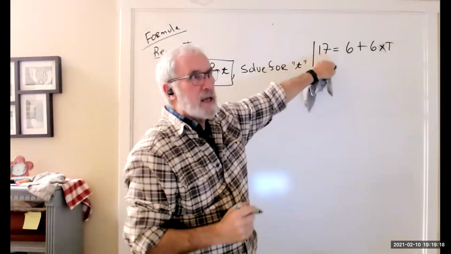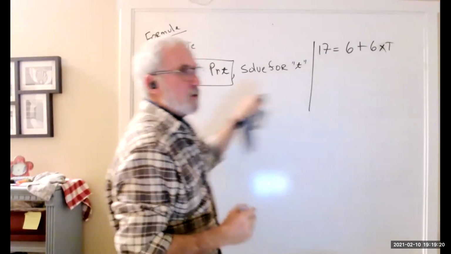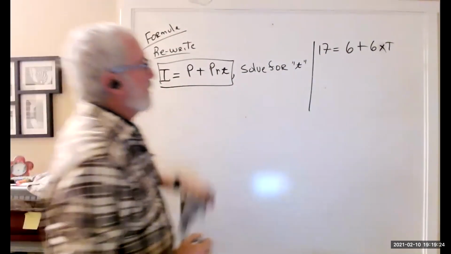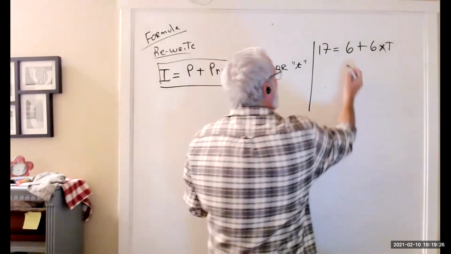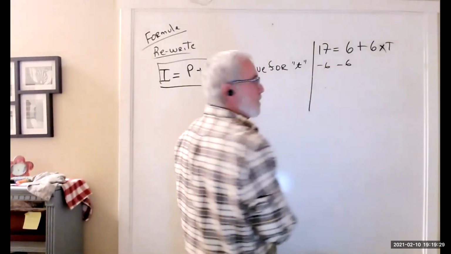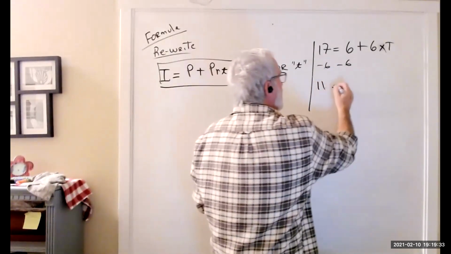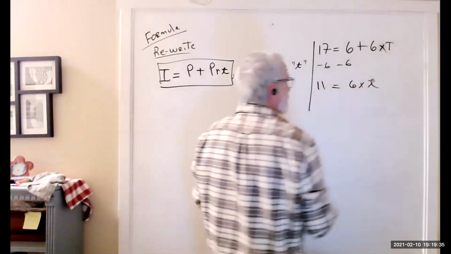This is my related problem, because if I look at the formula and don't have a clue what I'm doing, I look over here. What would you do? Well, I'd probably take 6 away from both sides. And that would give me 11 equals 6XT.